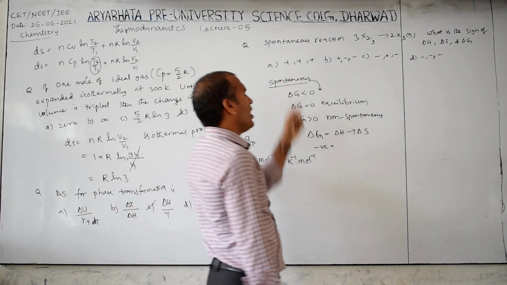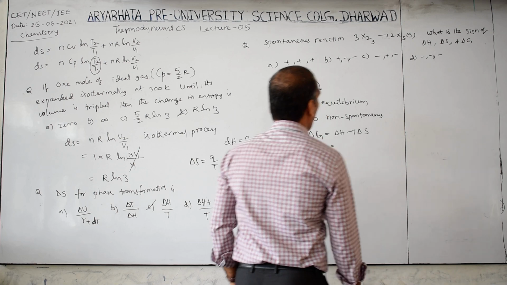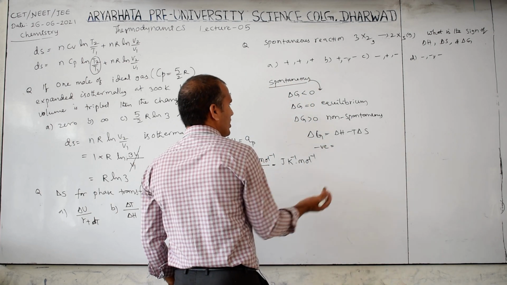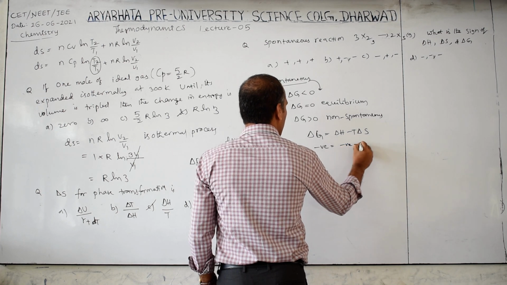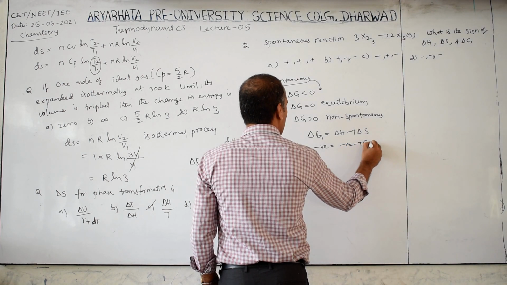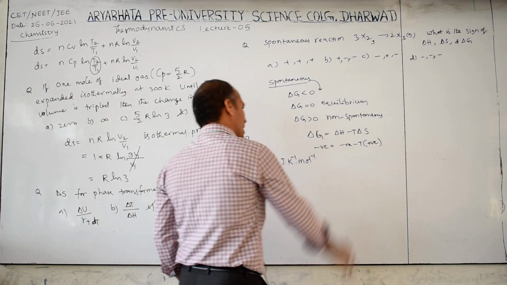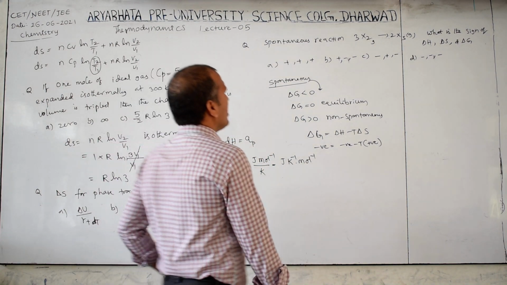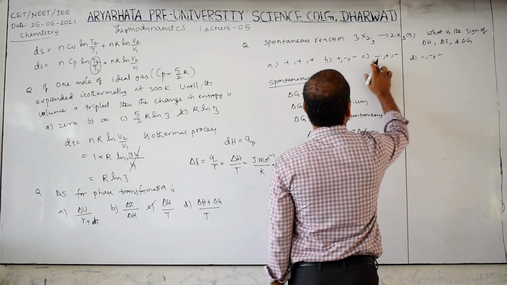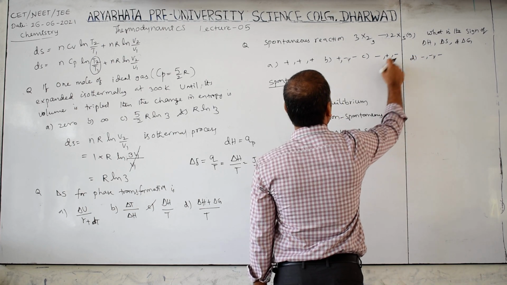I have to discuss the always condition. This will be negative, minus T into this positive, at any temperature. So they gave delta H minus, this plus, this minus.